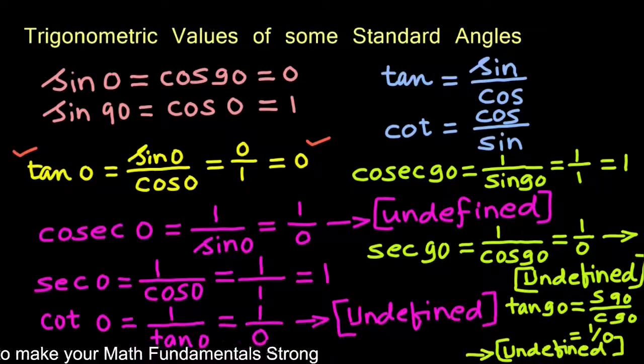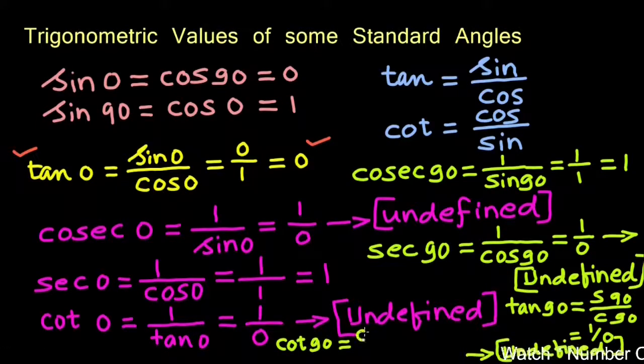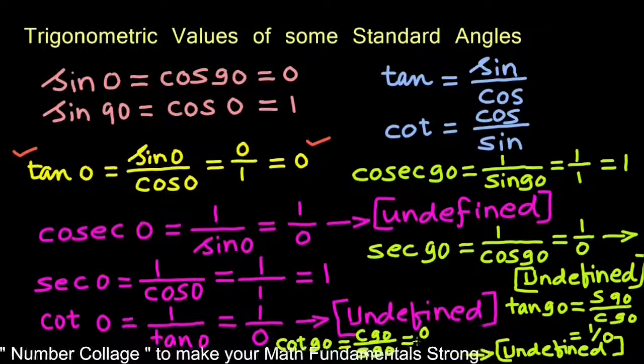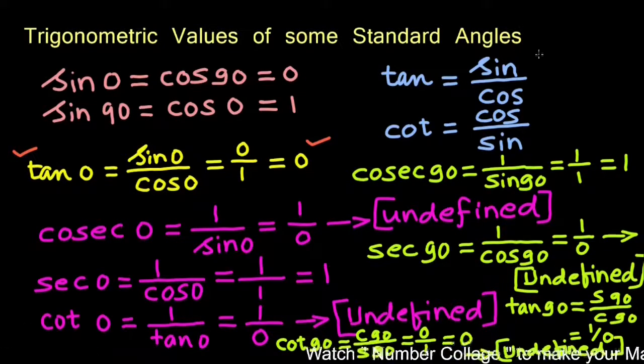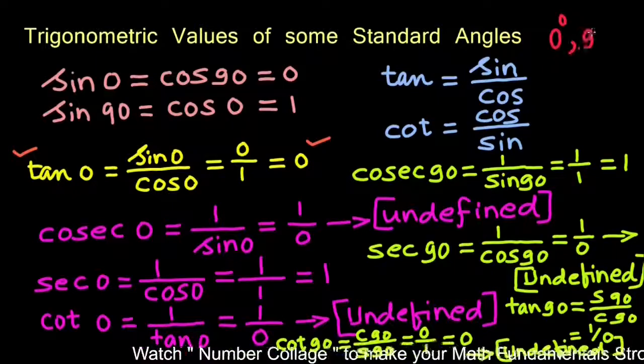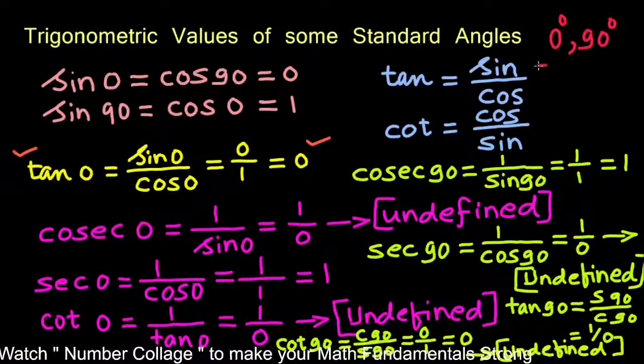And finally cot 90 will be cos 90 upon sin 90, that will be 0 upon 1, that will be 0. So this is how we can find trigonometric values of angles 0 degrees and 90 degrees.